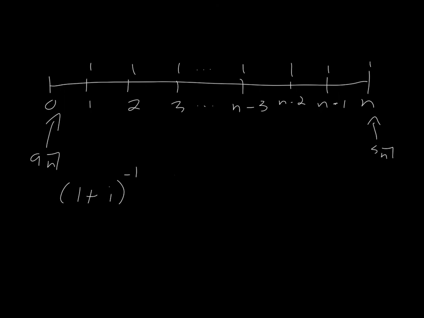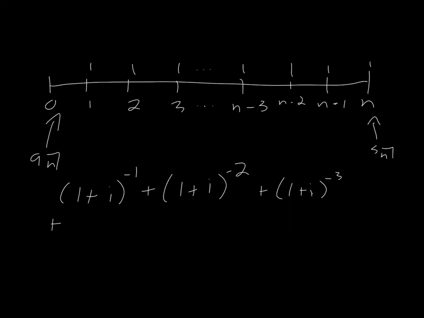If you were to multiply this by 1 plus i, you would get 1. The dollar at time 2 took 2 interest periods to earn back. And on and on, we have (1 plus i) raised to the negative 3.